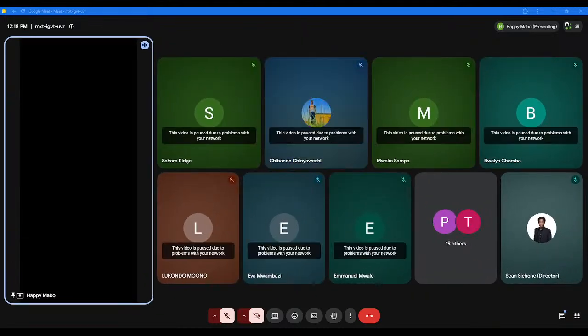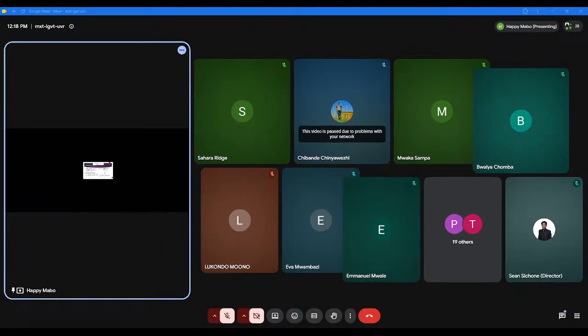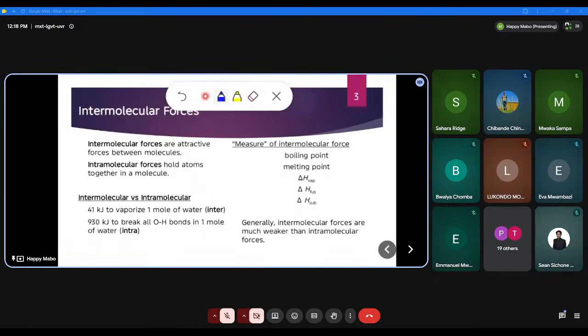All right. So we have a number of parameters that we can use. We can use boiling point, for instance. Boiling point refers to the amount of energy that is needed to turn molecules into a gas. So you're trying to separate the molecules and change them into a gas, and the amount of energy that is needed is referred to as the boiling point of this particular substance.